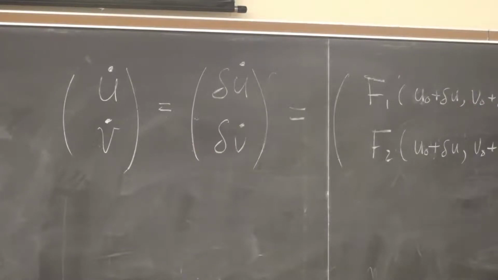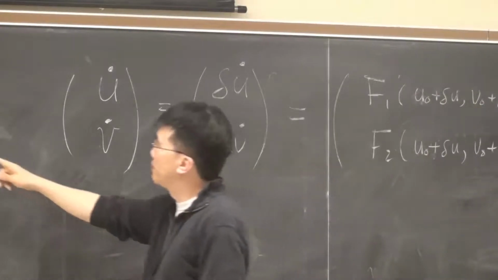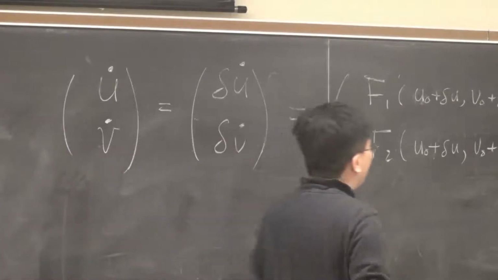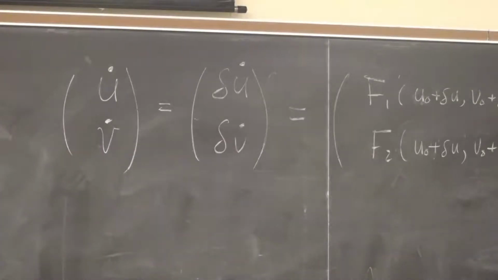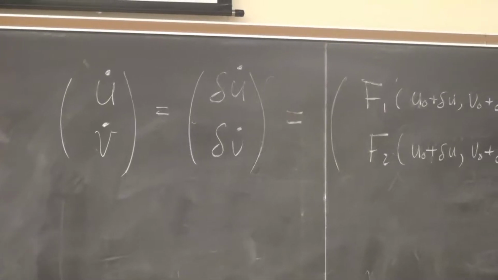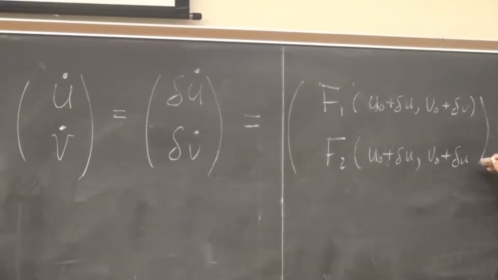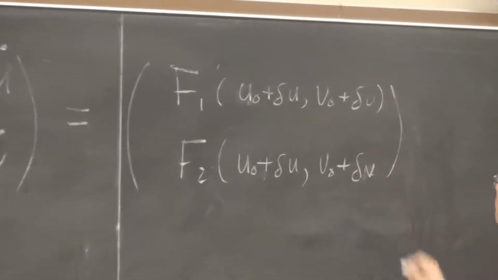I simply replace u and v by this expanded form around the stationary points u0 and v0, assuming these numbers are small.